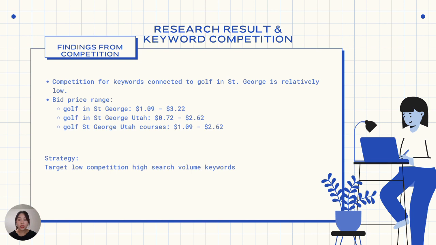The keyword golf in St. George, Utah ranges from 72 cents to $2.62. Lastly, the keyword golf in St. George, Utah courses ranges from $1.09 to $2.62. With these findings from our competition, we decided that our best strategy is to target low competition and high search volume keywords.